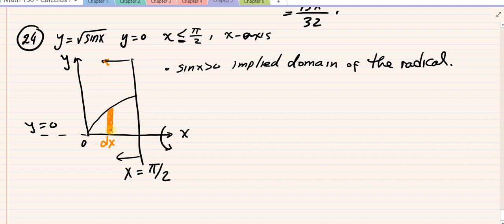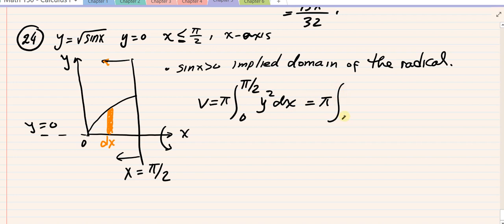As we revolve this, it's going to be pretty easy to set up now, right? The volume is going to be pi, limits of integration 0 to pi over 2 of the general form y squared dx, or f of x squared dx. That's just the general form. So that's 0 to pi over 2, and then y is the square root of sine x in this case.